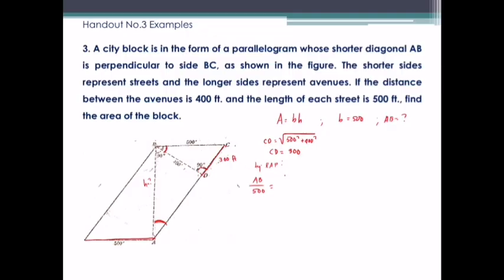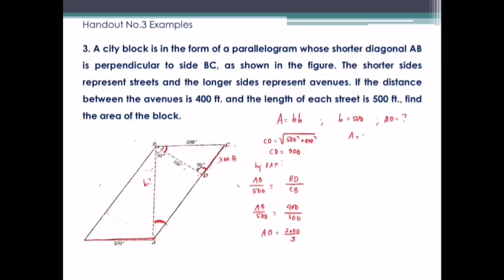So BD is to CD. So AB is to 500 as BD, that is 400, is to our CD, 300. So we can solve the measurement of AB, which is now 2000 over 3. So let's just make use of the fraction, 2000 over 3.